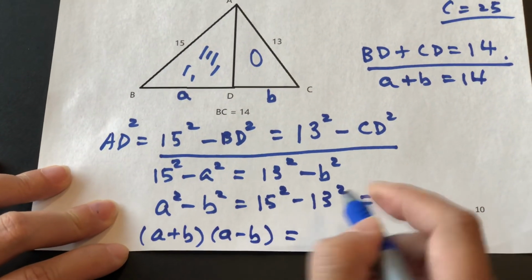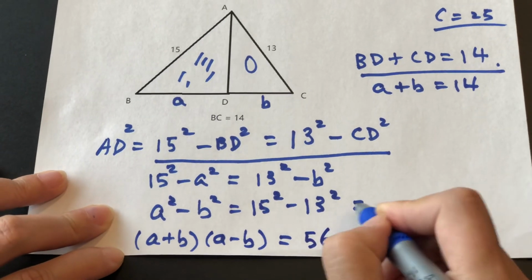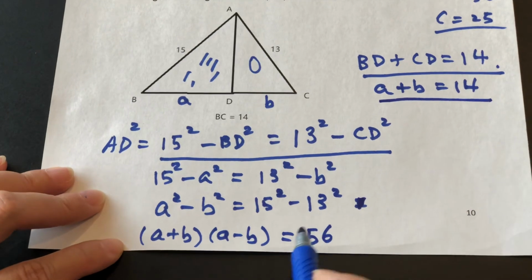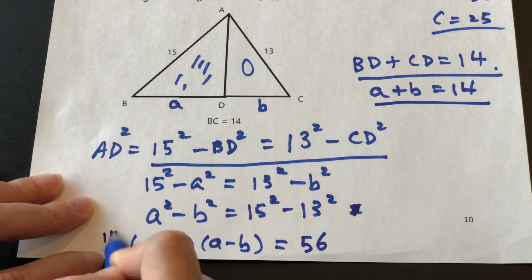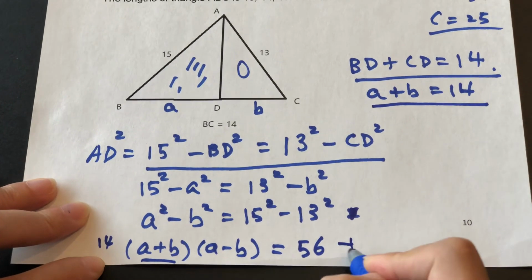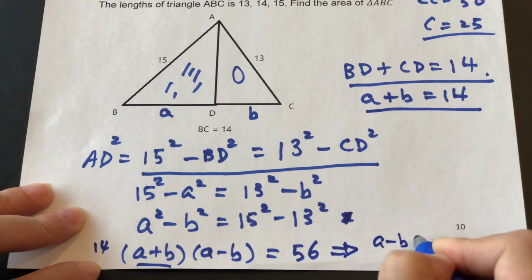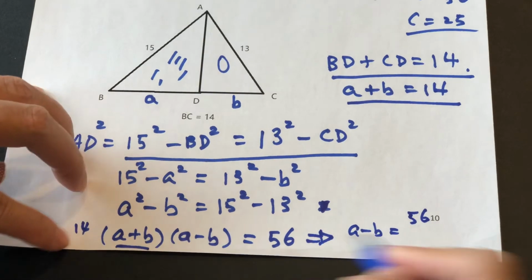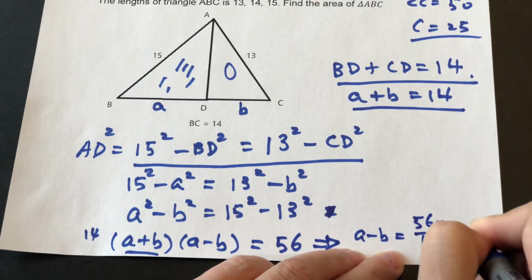This number, if you calculate, is 56, okay? Now, A plus B, you know already, is 14, right? So this would give you A minus B equals 56 divided by 14, which is 4.